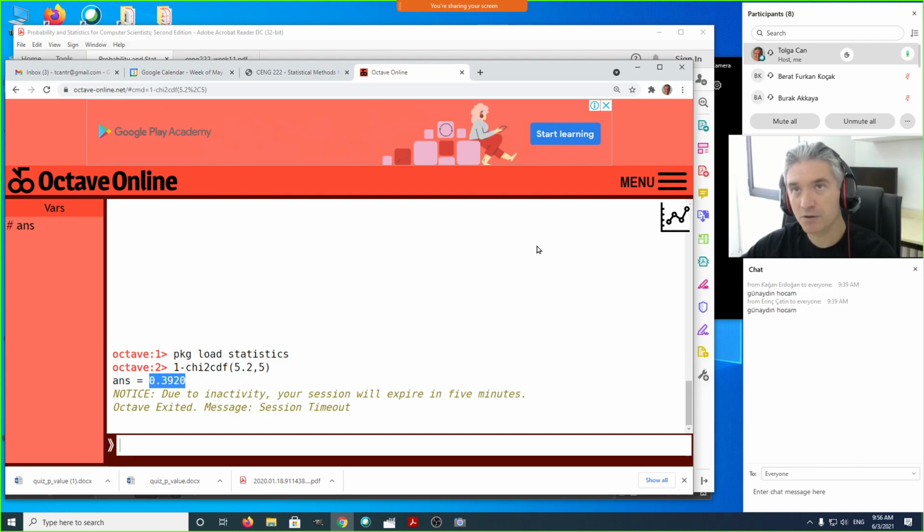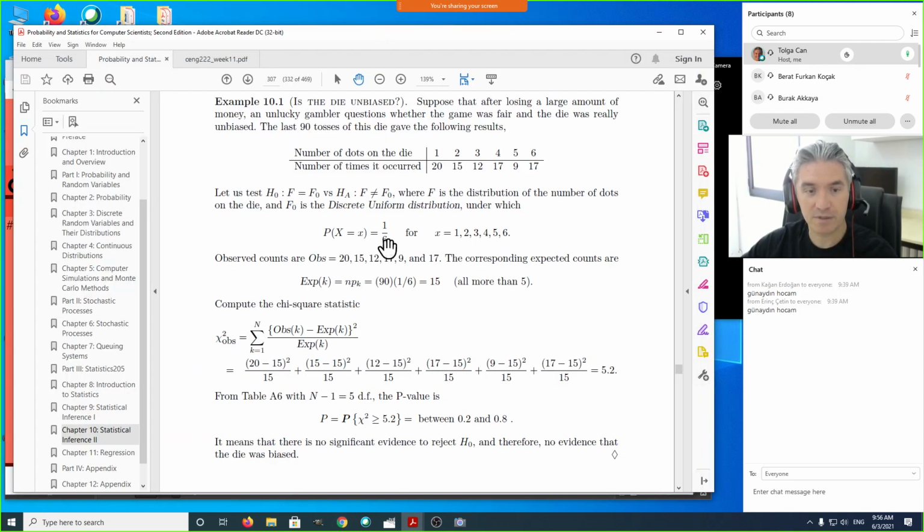Only with p-values, for example, less than 0.05, can we say that there's significant evidence against the null distribution. Since the p-value is rather high here, our sample does not show significant evidence against the null distribution, which says the die is fair. So the die can be fair, and we can obtain these results with some probability.